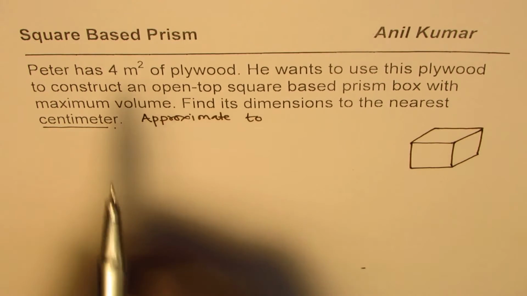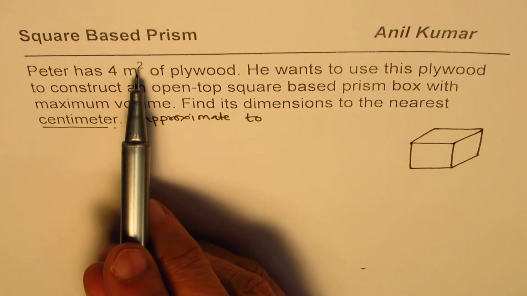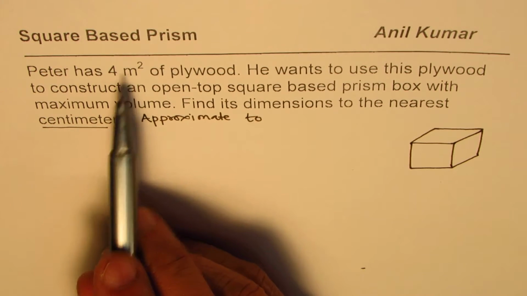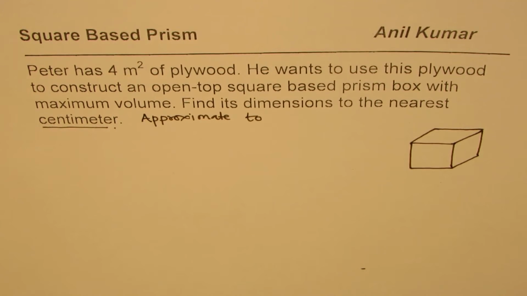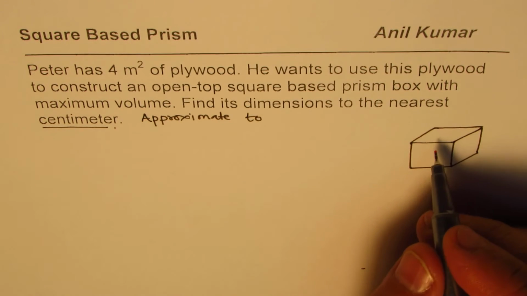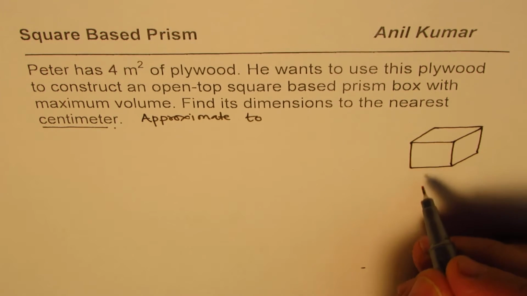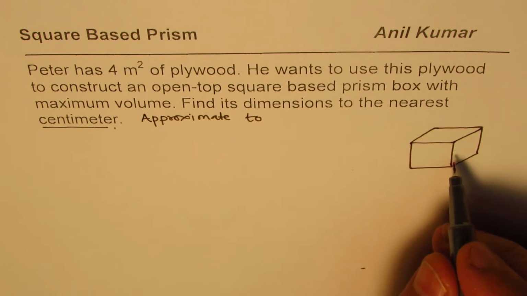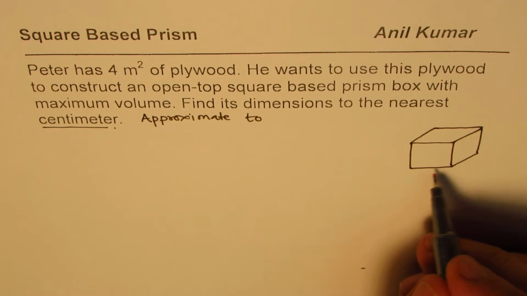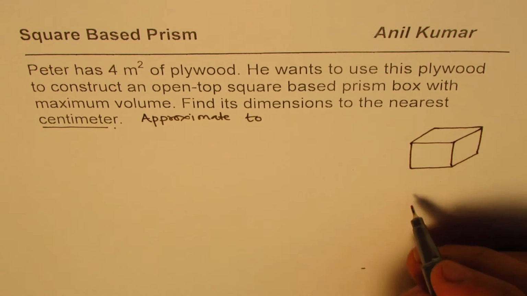So the material is given to us as 4 meters square, so that means material is fixed. So for a fixed material, if you have open top, in that case you will find that the shape is the one in which the base is twice the height.